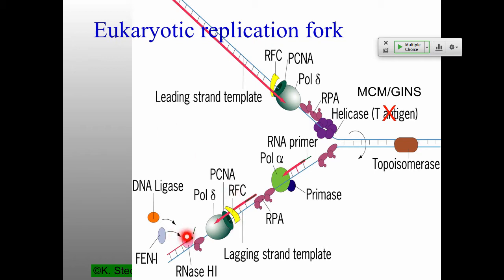Then at the end here, you're trying to get rid of your primers. There's RNase H, just like you have in E. coli. But there's also another thing, which is called FEN1, down here at the bottom. Now, FEN1 stands for flap endonuclease. We talked about exonuclease, right? Well, an endonuclease cuts in the middle of DNA.